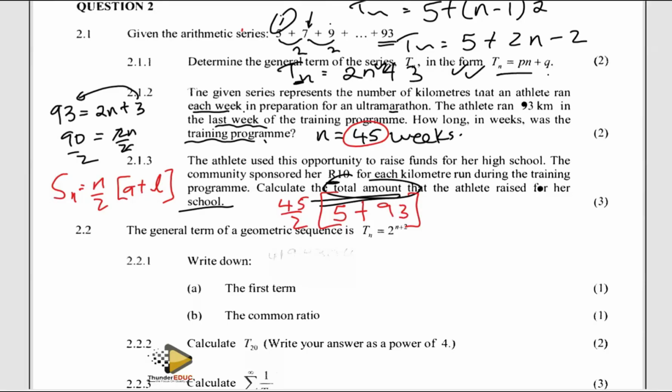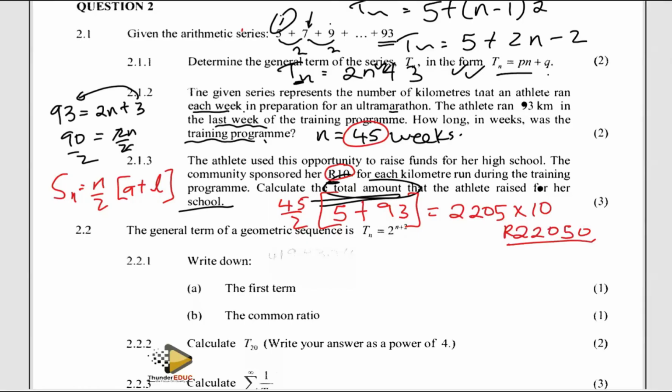And then when I punch this into the calculator, I'm getting 2,205 kilometers. But then for each kilometer, this person got 10 rand. So we multiply this by 10. And then we get 22,050 rand. So this is what this person raised.